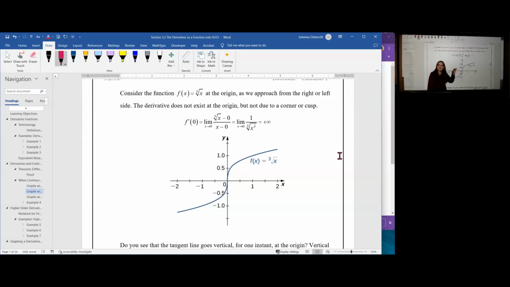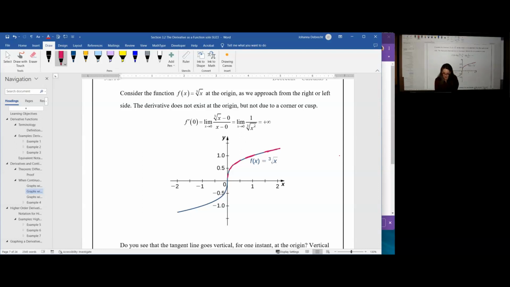Right at 0, can you see what's happening to the slope of the tangent line? Let's draw some mini tangent lines as we come down. Notice that they're all positively sloped. But what's happening is that coming from the right, it looks like the slope is going up a lot, which means it's approaching positive infinity. That's not a finite real number.